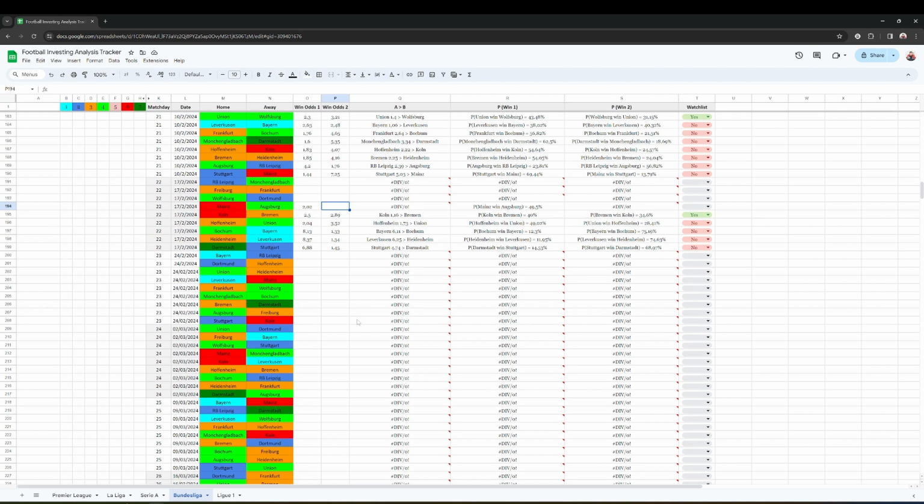We have Mainz significantly better than Augsburg, which I don't know how to justify really, because Mainz, again, they are 17th in the table. They won one game in 21. Can you, like, digest that for a second? They won one game in 21.